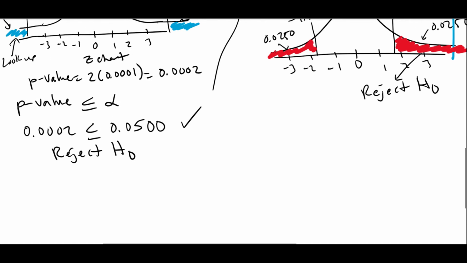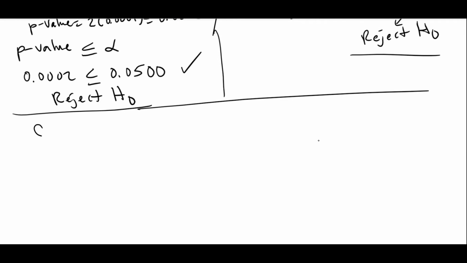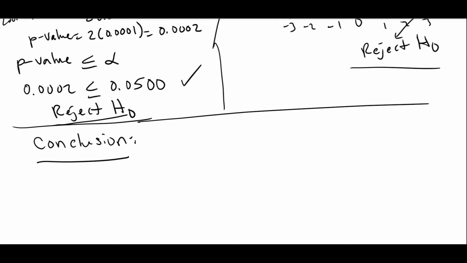So now, whichever method you decide to use, you still got to draw your conclusion, right? So let's go ahead and write our conclusion. I'm only going to show you how to write this once, like fully, and then for the other problems I'm not going to write the full conclusion because that's going to take some time. All right, so first off, since we rejected, that means we have enough evidence. So we're going to say there is enough evidence.